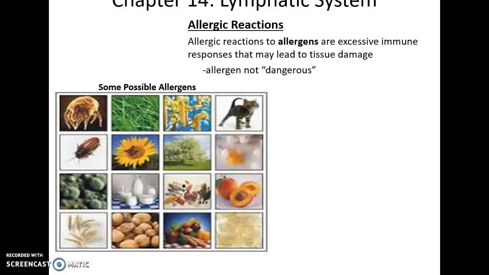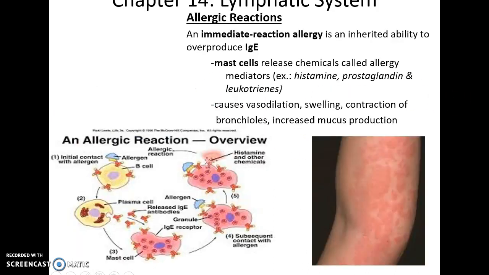Allergic reactions are when our immune system responds to things that are not a problem, that are not dangerous. So allergens are not dangerous to our body, but someone with allergies has an excessive immune response to it. This can include things like pollen and mold spores and nuts and milk and eggs and pet dander and all kinds of different things.